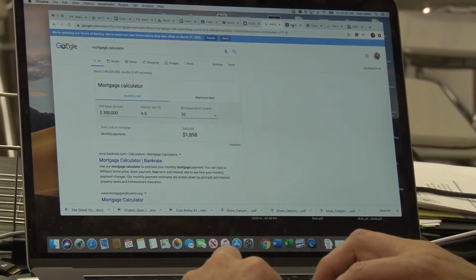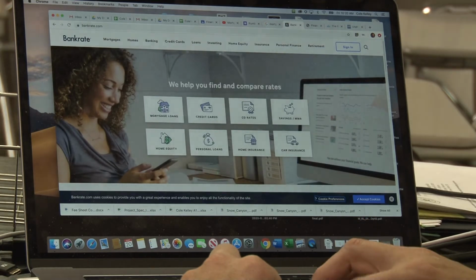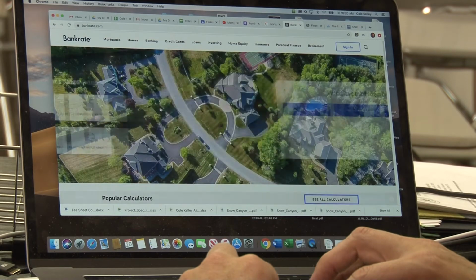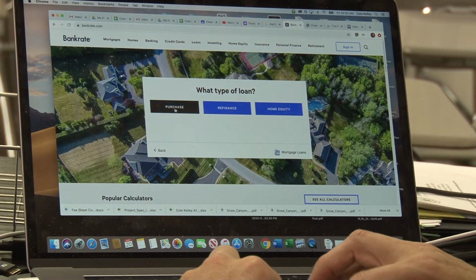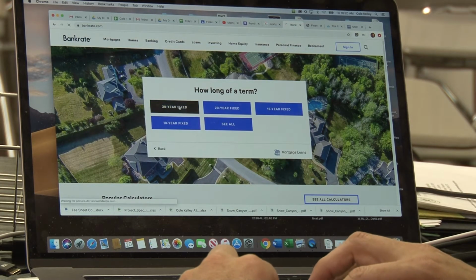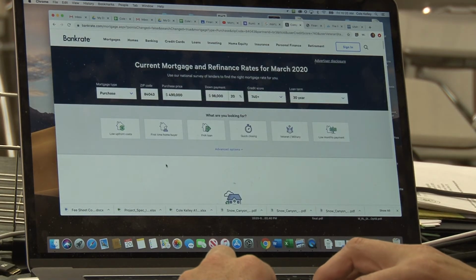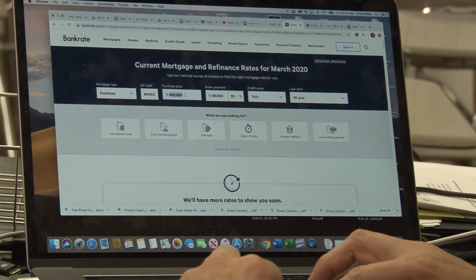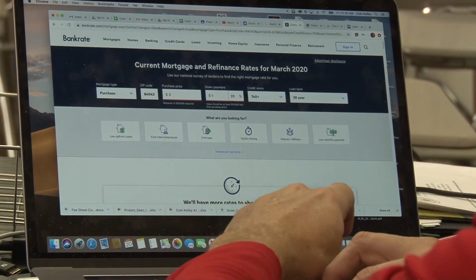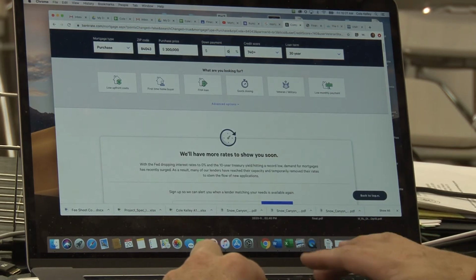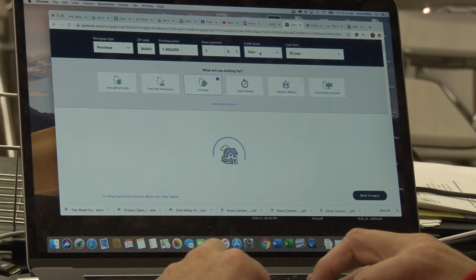There's a couple of websites that I'm going to tell you about where you can do it as well. There's one called bankrate.com, so you go to Bankrate, and if we wanted to do a mortgage loan here, we're going to do a new purchase, and we're going to do a 30-year fixed. We can type in information about it. So here's the purchase price. We'll do 300 again. Down payment, let's do 0 for now.